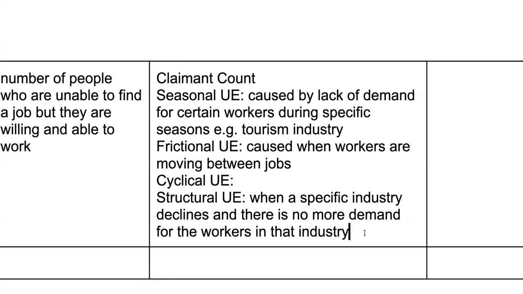That can happen for many reasons. Over time, read about and use your own examples because it makes things more interesting and easier to remember, and then you can use them in exams and get good application marks. It also means you won't forget what structural unemployment is.